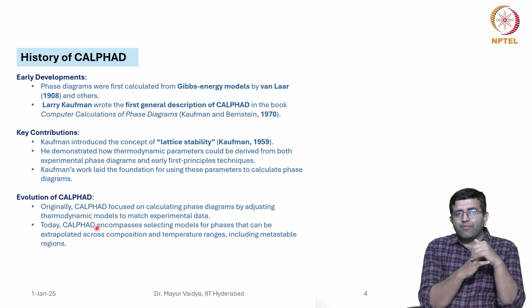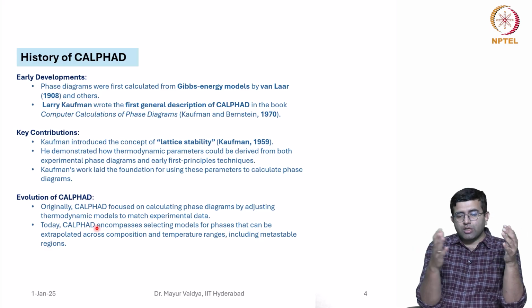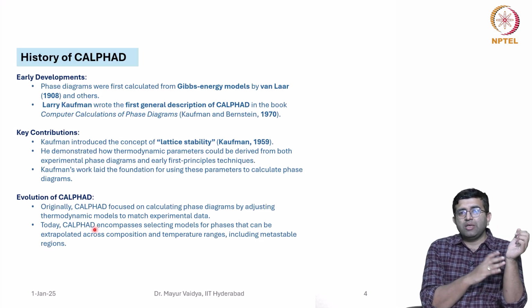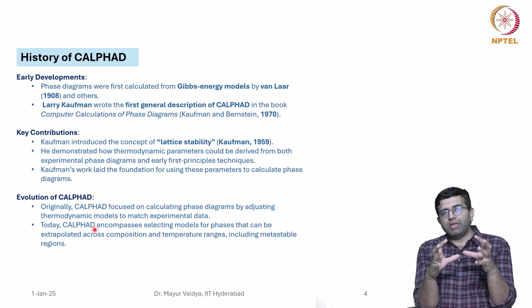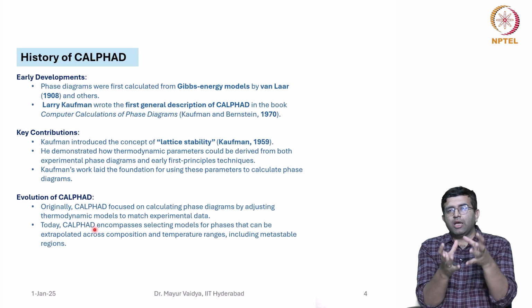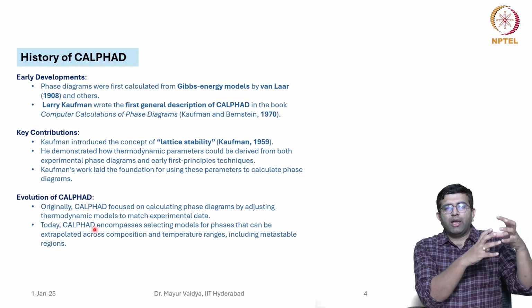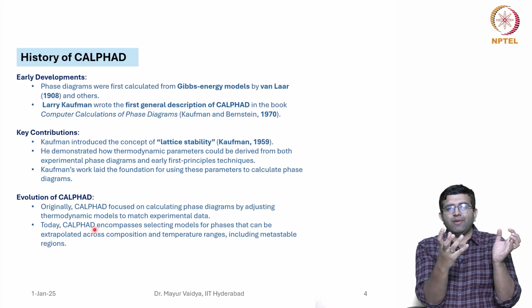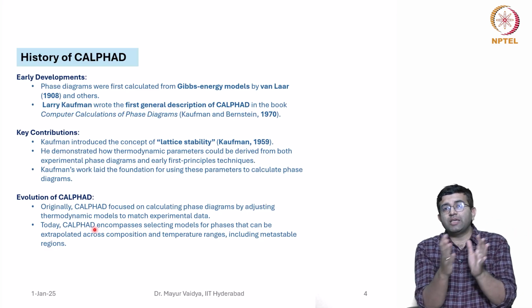Today, CALPHAD actually encompasses selecting models for the phases that can be extrapolated across composition and temperature ranges, even including the metastable region. What it means is that earlier, suppose I have a certain set of experimental data, I create a thermodynamic model, and then I validate that model and see that my experimental data is reproduced.